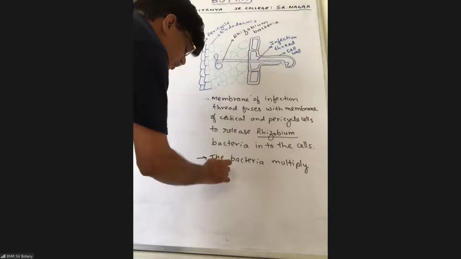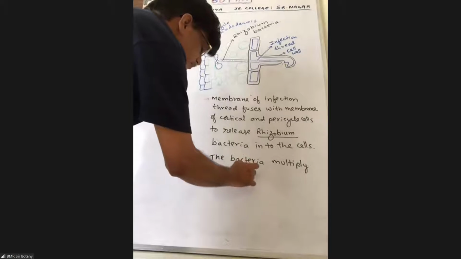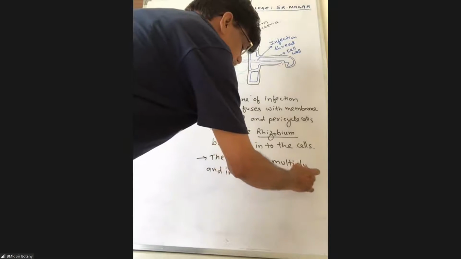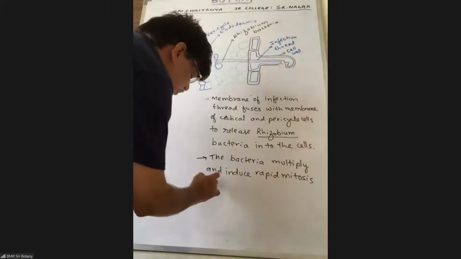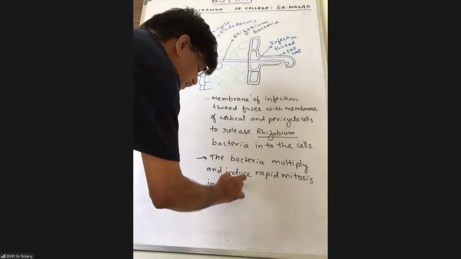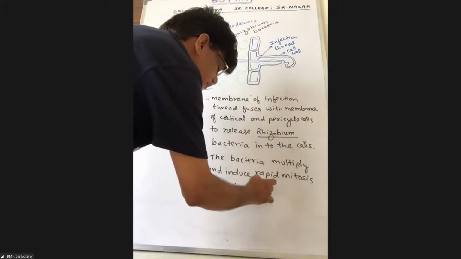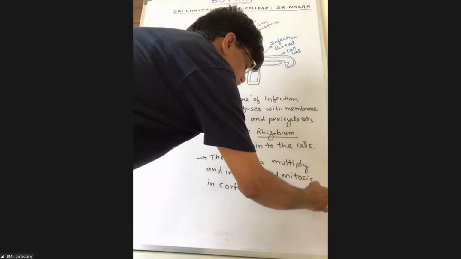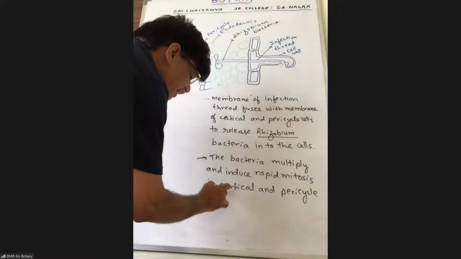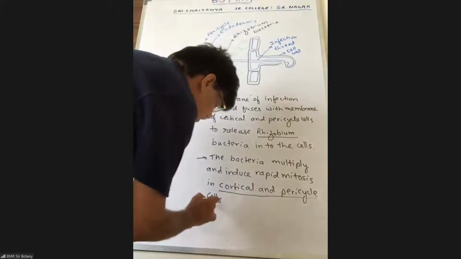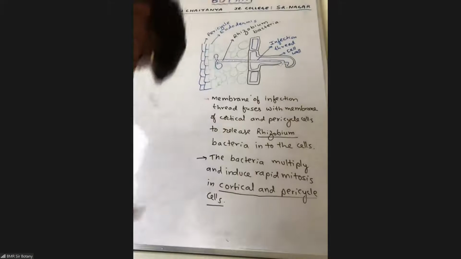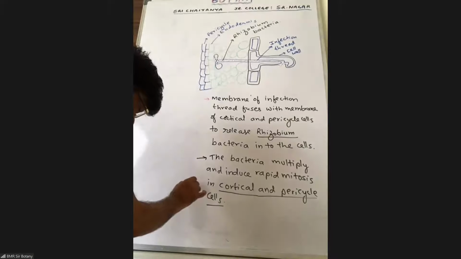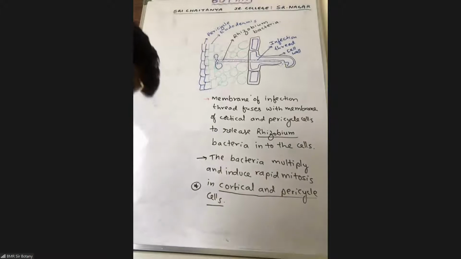See the point here, Nana. In the text, he says cortical. In the diagram, he has clearly mentioned pericycle cells also. That's important to remember, in the cortical and pericycle cells.